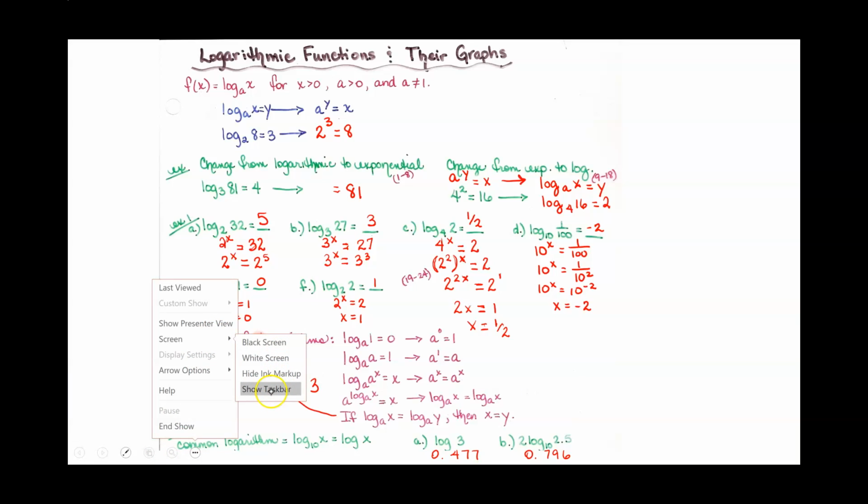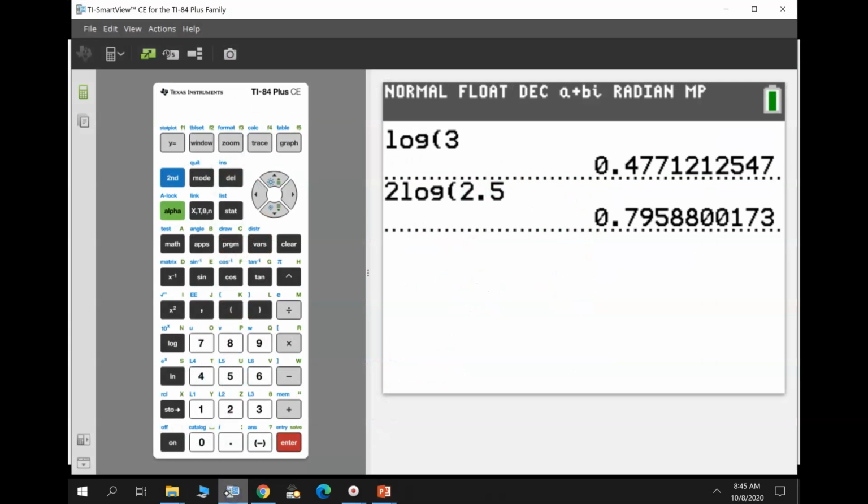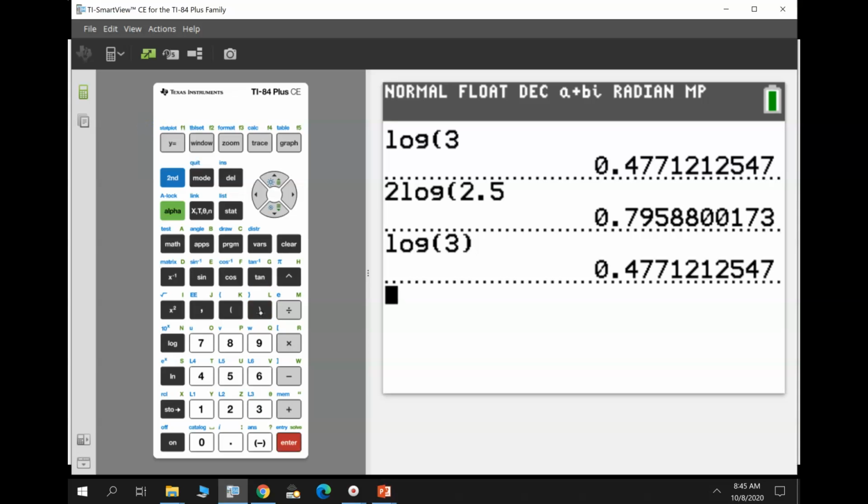So grab your calculator if you would please. I'm going to use a graphing calculator. All right, so your log button is right here. So I'm going to do log and then 3, and that would be the common log, the base 10 log.